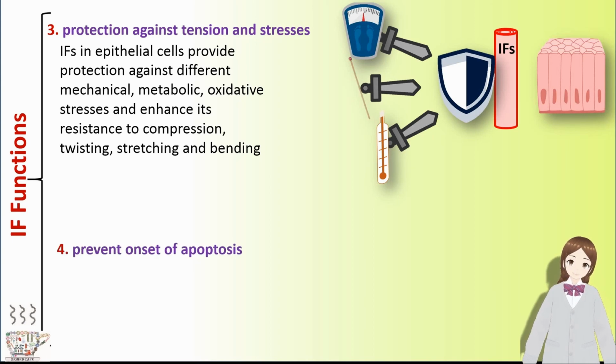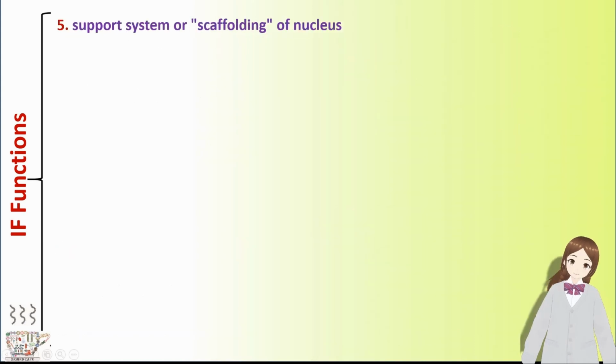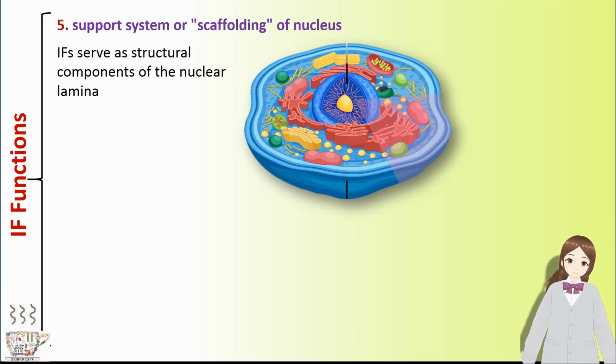4. Prevent onset of apoptosis. Intermediate filaments strengthen epithelial cells and may prevent onset of apoptosis by reducing the probability of stress. 5. Support system or scaffolding of the nucleus.